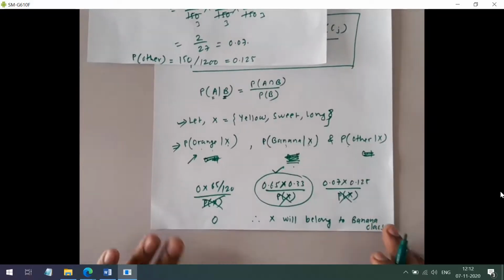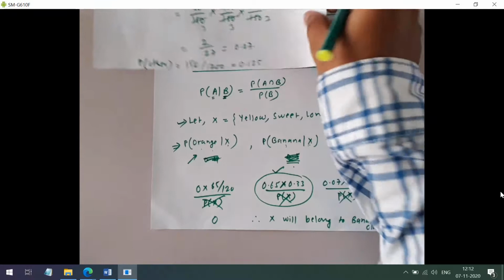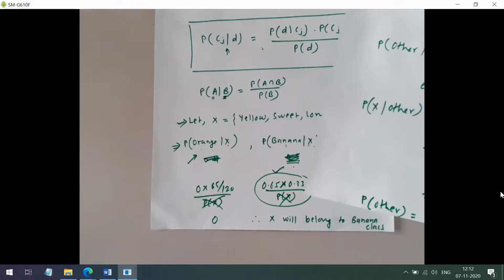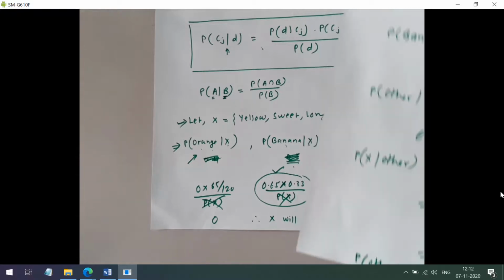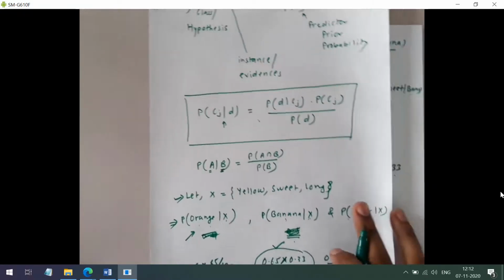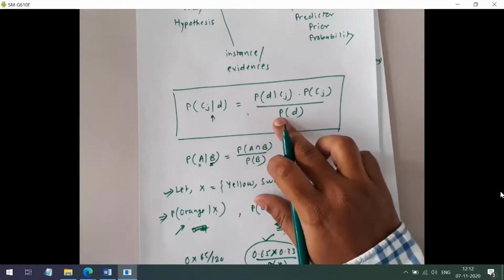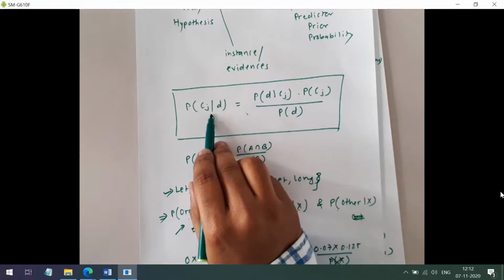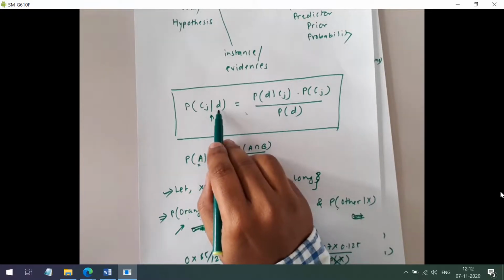I think you may have got confused because lots of calculations are there, so I am revising one more time. What do we have to calculate? We have to use this equation because we cannot directly determine this probability, because this event has not occurred.